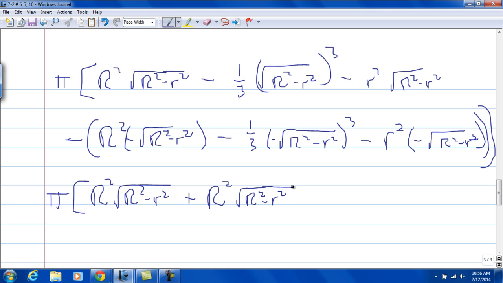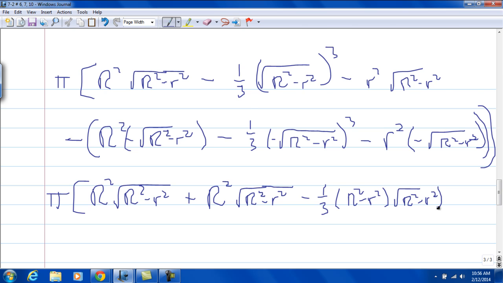Then I have minus 1/3 of capital R squared minus little r squared times the square root of capital R squared minus little r squared. That's because it's cubed, so you get one of them out of there.